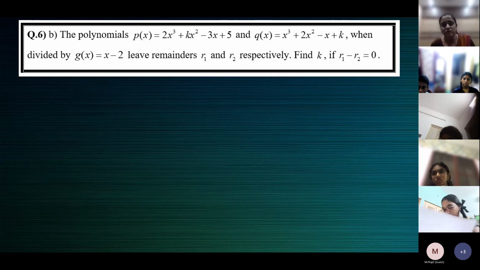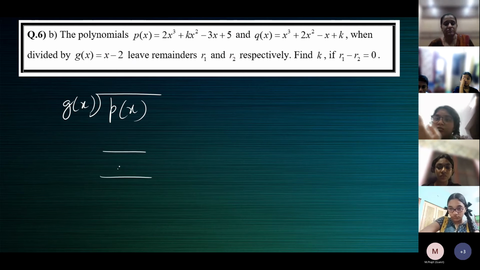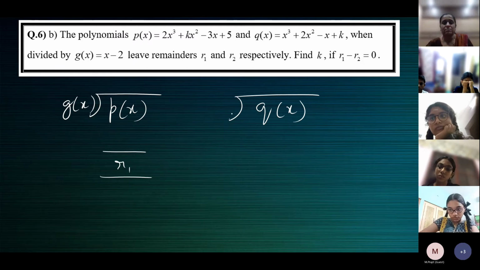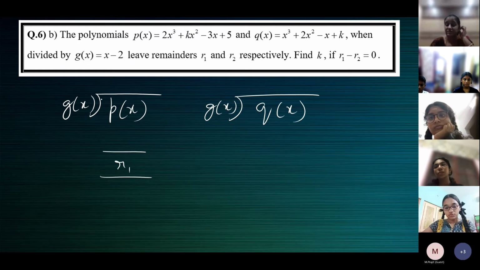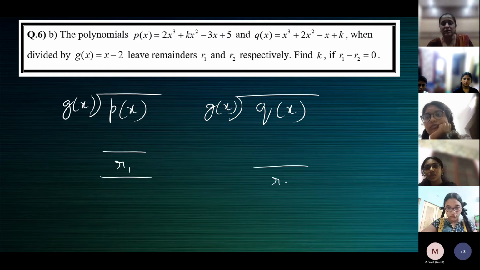And when you divide Q of X by the same G of X, there's only one divisor, two different dividends, the remainder is R2.